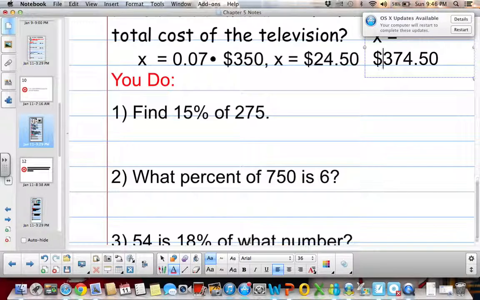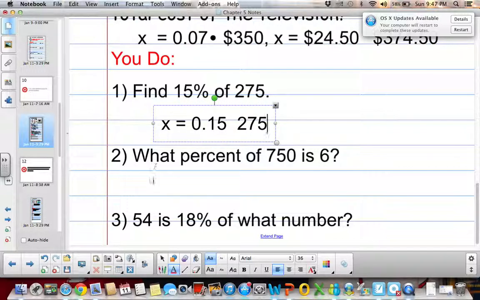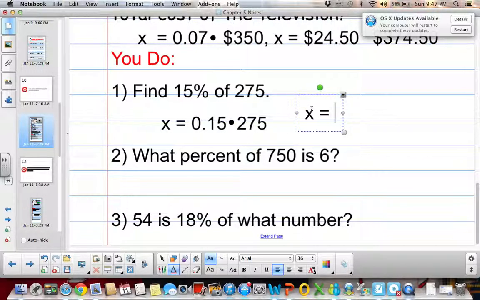I would like you to pause the video and find the answers for 1, 2, and 3. Do that really quick and then come back and check your answer. So 15% of 275, we would go x equals 0.15 times 275. And then you should have gotten x equals 41.3.